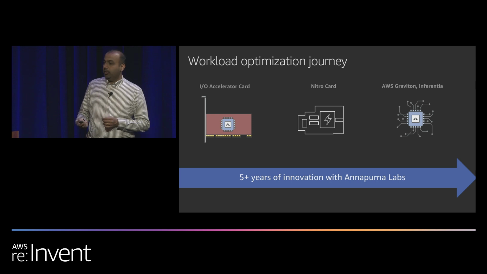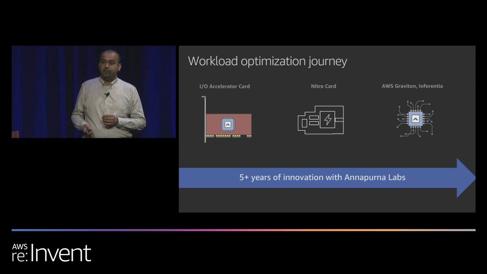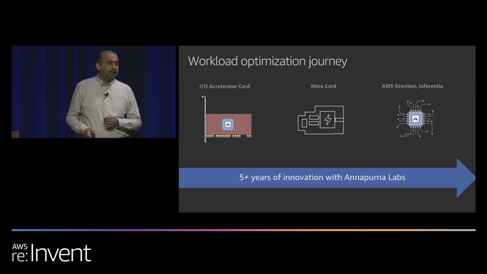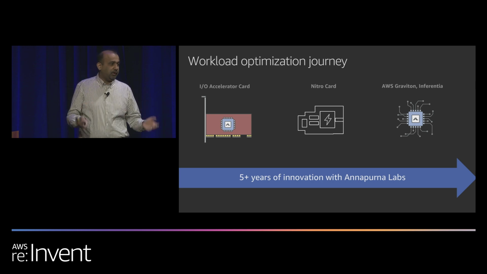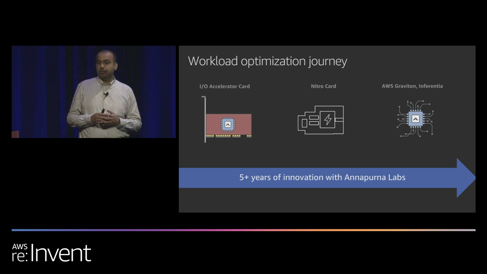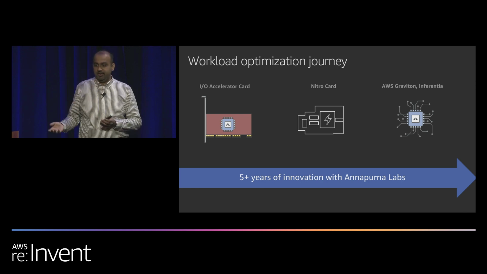In terms of our workload optimization journey, this has been more than five years of innovation with Annapurna Labs building custom silicon solutions. The first generation Graviton was simply a start in that journey for us. As more customers adopt A1 and have realized significant cost savings, based on that positive experience they want to run more demanding workloads on Graviton-based instances. That could mean applications such as compute-intensive data analytics or memory-intensive databases.